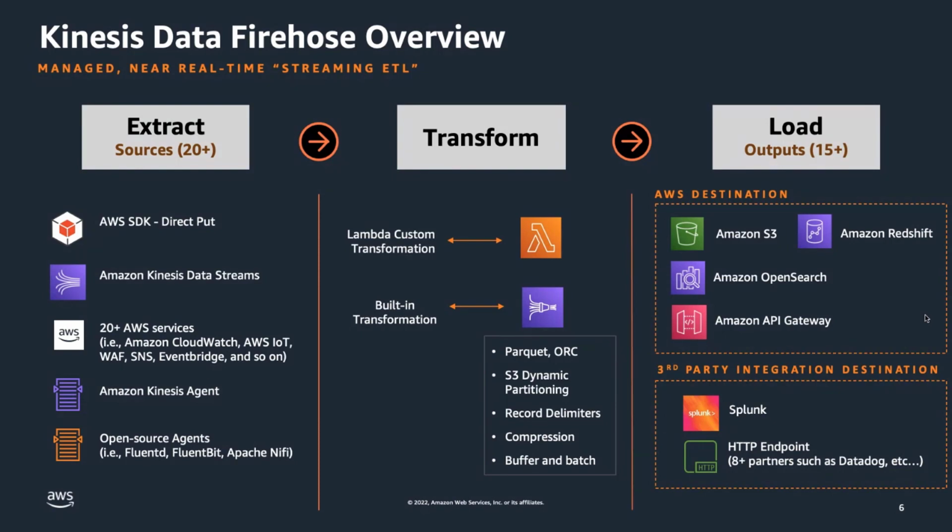You can either compress your data before it comes to Firehose, and then decompress it from there, or you can compress the data from Firehose to your destination, like S3 or OpenSearch, Redshift, or any other destination you have. And one more feature that Firehose natively supports is buffering and batching.